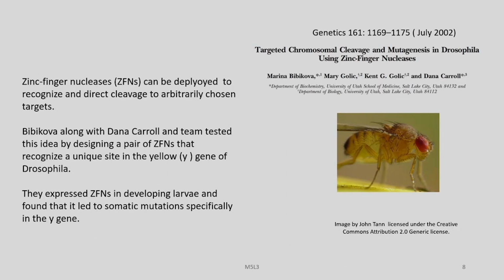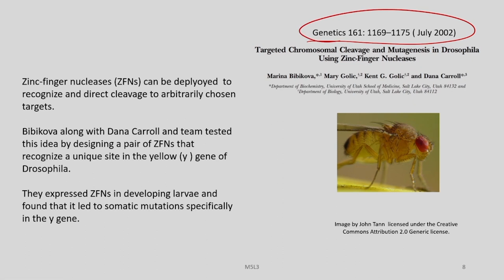So, this is a very interesting work by Bibikova and associates including Dana Carroll, where they carried out targeted chromosomal cleavage and mutagenesis in Drosophila using zinc finger nucleases. This work was published in the journal Genetics in the year 2002.